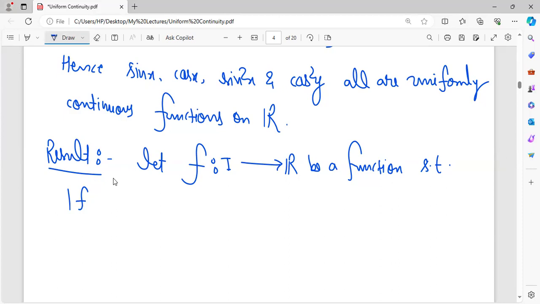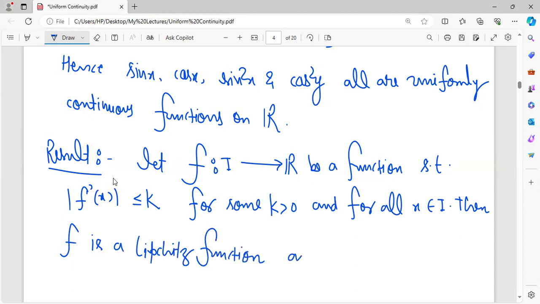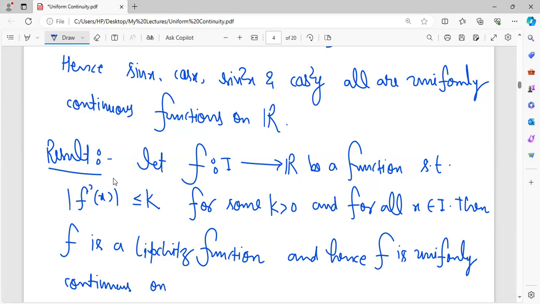It means the derivative of f at any point is less than or equal to k, for some k greater than 0 and for all x belonging to I. Then f is a Lipschitz function and hence f is uniformly continuous on I.